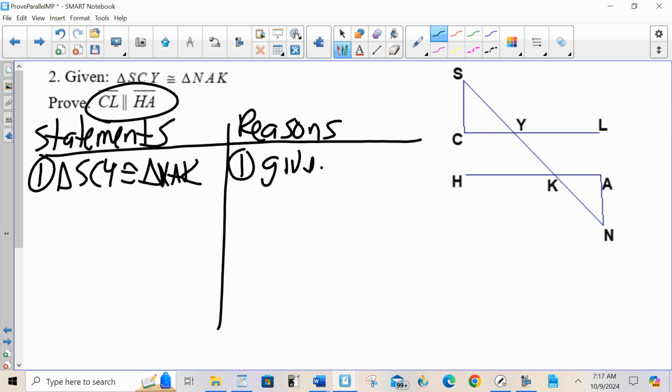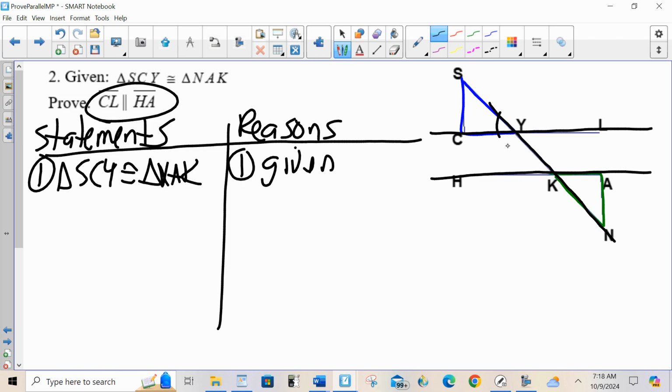So, I know that these triangles are congruent, so I can use CPCTC to state any of the corresponding parts are congruent. And ultimately, I want to get either alternate interior, alternate exterior, or corresponding angles to be congruent. Well, these are alternate exterior angles, and those are corresponding parts of those triangles.